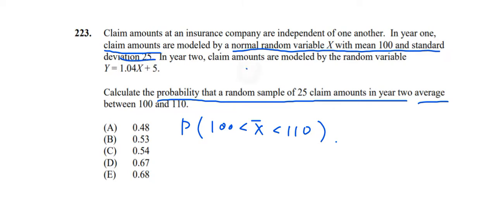So x is the claim amount with a normal distribution. The mean is 100 and the standard deviation is 25.